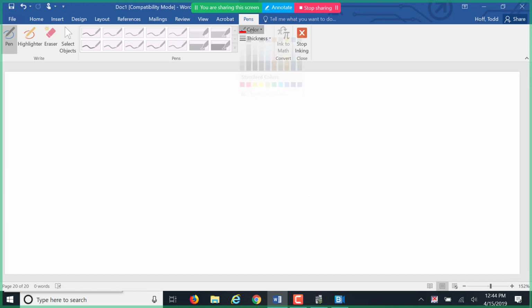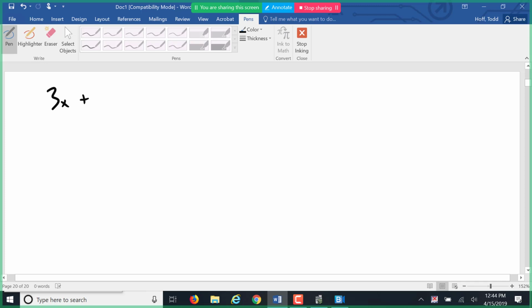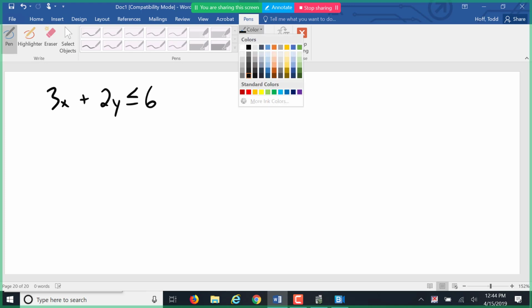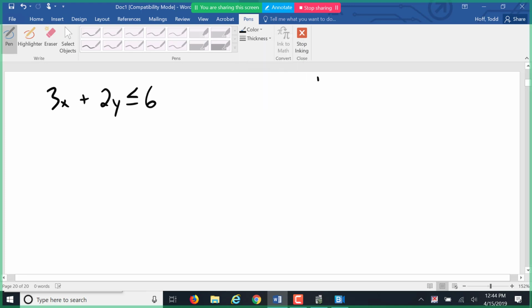The next thing we want to look at, the next level of progression here, to review a little bit, we graphed things like 3x plus 2y is less than or equal to 6. How did we graph that?